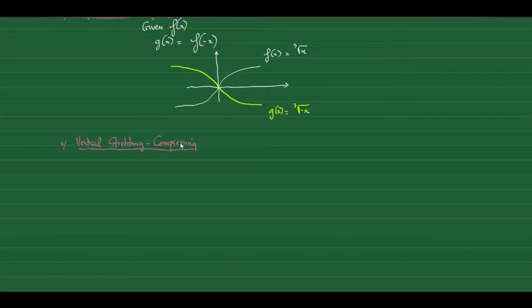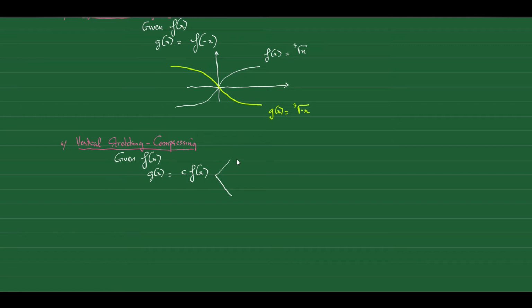So how are we gonna obtain that? Again, given the function f of x, we can obtain the new function g of x by multiplying a c value in front of f of x. But there will be 2 different cases, depending on the c value. Sometimes we have stretching, sometimes we have compression.